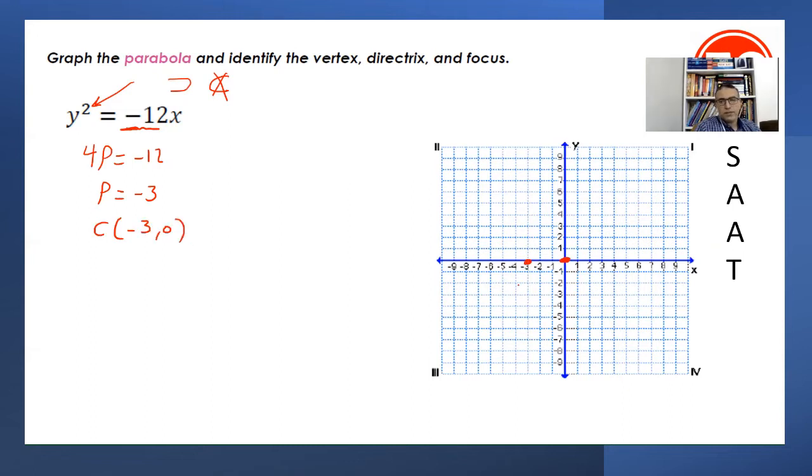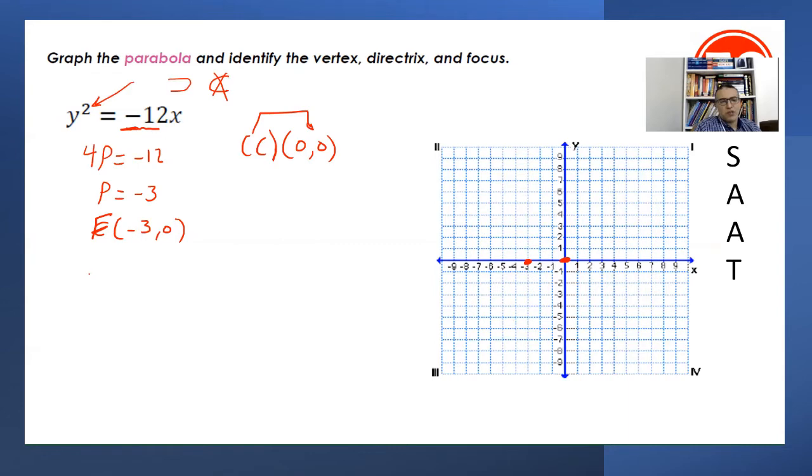Okay, so you need to graph the parabola. But how would I graph the parabola? I would graph it narrower or wider. It doesn't matter if you're sketching. The center is 0 and 0, and the focus point is -3 and 0.